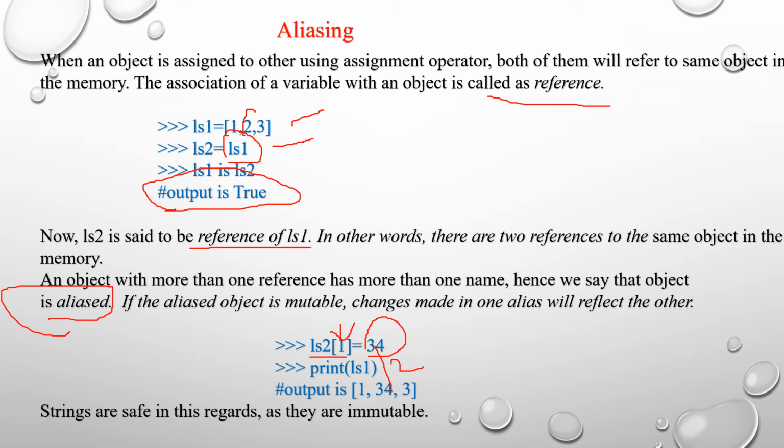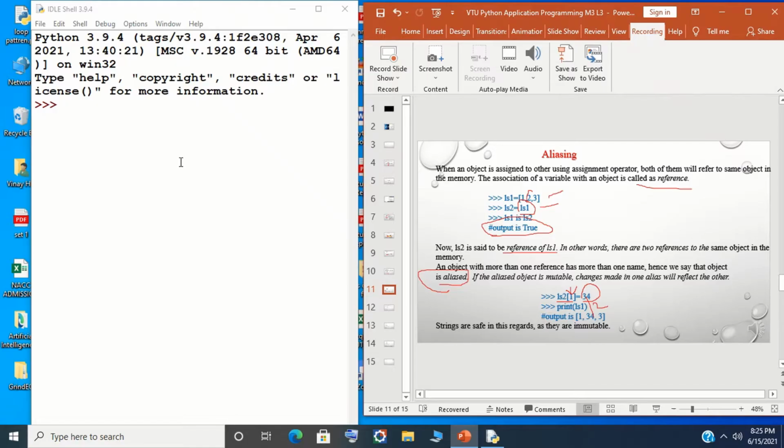Let's try this in the Python interpreter. So let's consider ls1 is equal to 1 comma 2 comma 3, and here I am declaring one more variable ls2. I assigned the ls1 element, so ls1. After that I am checking one condition, ls1 is ls2.